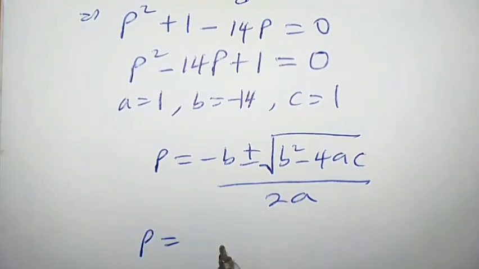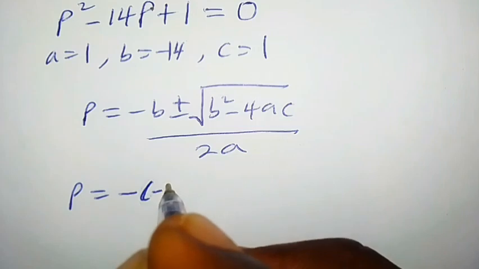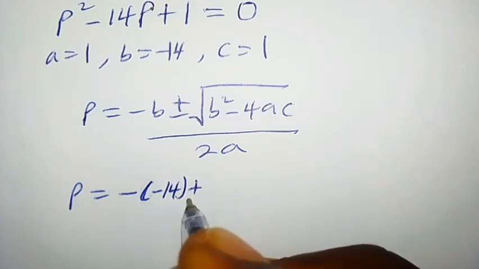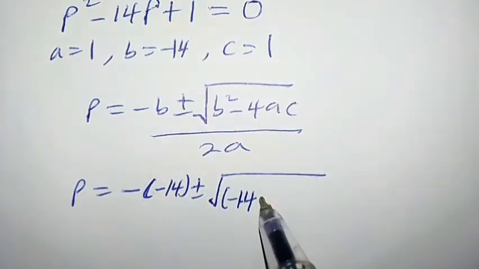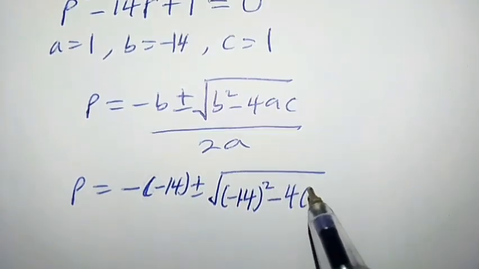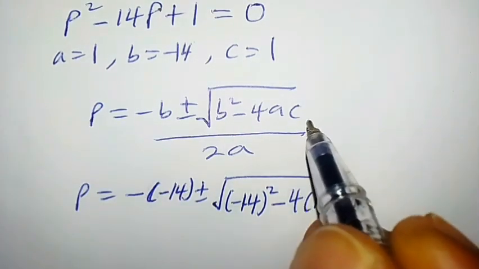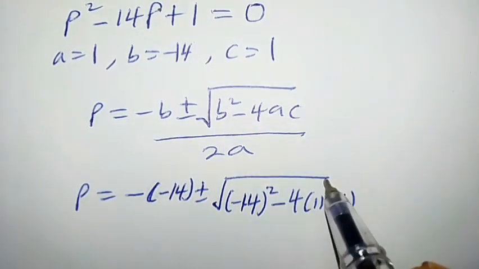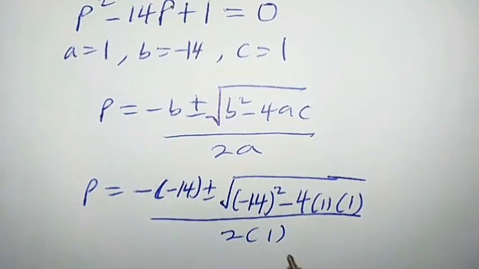P is equal to minus negative 14 plus or minus square root of negative 14 all to the power of 2 minus 4 times, what is A? A is 1, so we have 1 times, what is C? C is also 1, we have 1, all over 2 times 1.